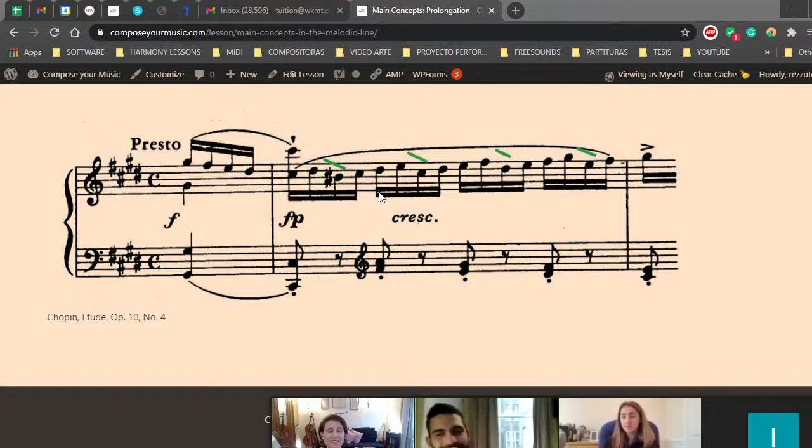So this is an example because it's 4 notes against 1. Maybe you see a quaver and say, no, but wait, this is 2 notes against 1. No, it's the same.